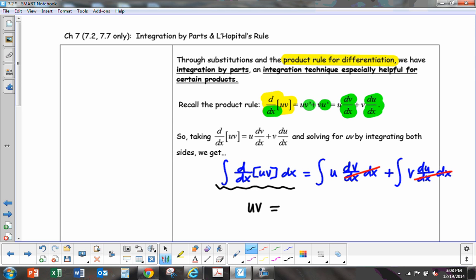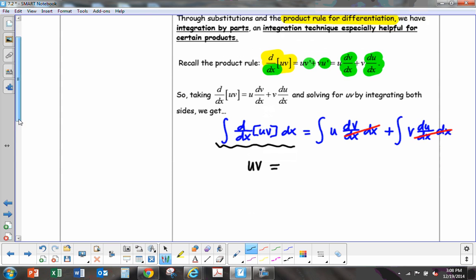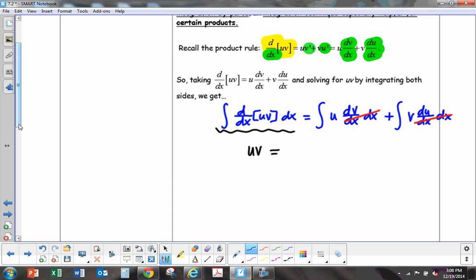We're just going to leave that off as we work through the formula, kind of like you saw in Chapter 5 when we did differential equations. You're able to lump all of those plus c's together, and for the sake of the formula, they don't include it, so we're just going to leave that piece out. And then over on the right, we are left with the integral of u dv plus the integral of v du.